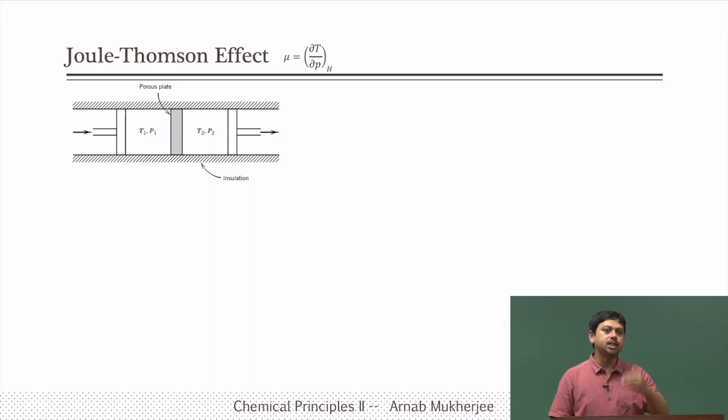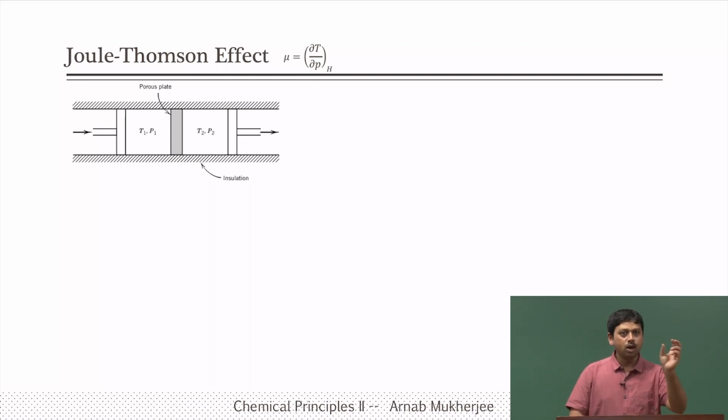Earlier there was a change in temperature due to change in volume. Now we are going to talk about change in temperature due to change in pressure, and it has to be done in such a way that the overall enthalpy remains constant, just like in the earlier case the overall energy was remaining constant. So that is the difference between Joule's coefficient and the Joule-Thomson coefficient. In one case U was constant, in the other case H is constant.